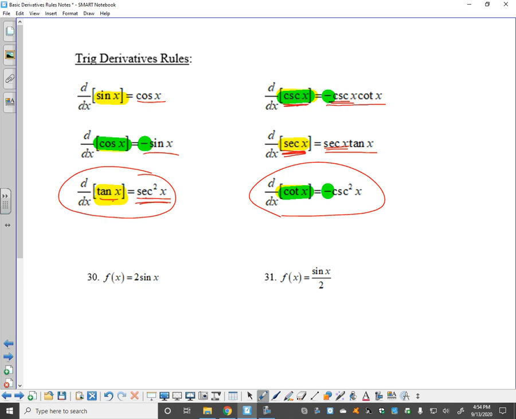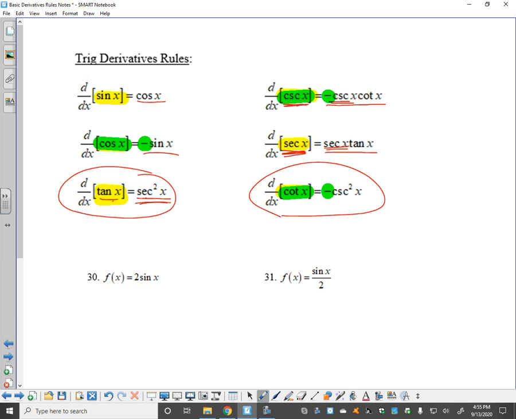Sine, tangent, and secant do not start with the letter C. Their derivatives are not negative. Cosine, cosecant, and cotangent all start with a C, and their derivatives are negative.